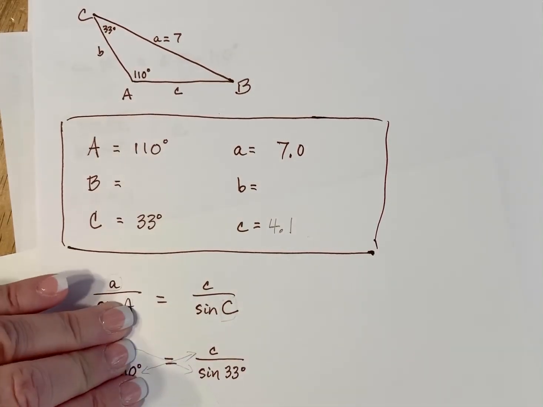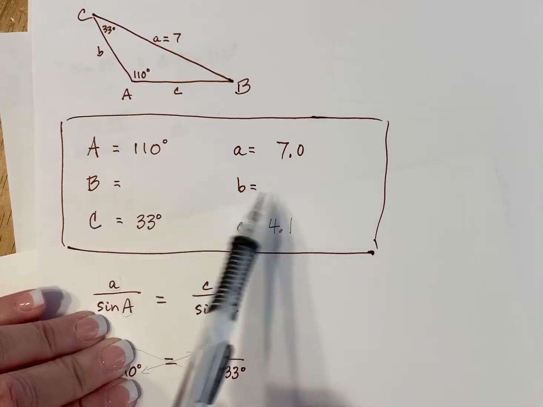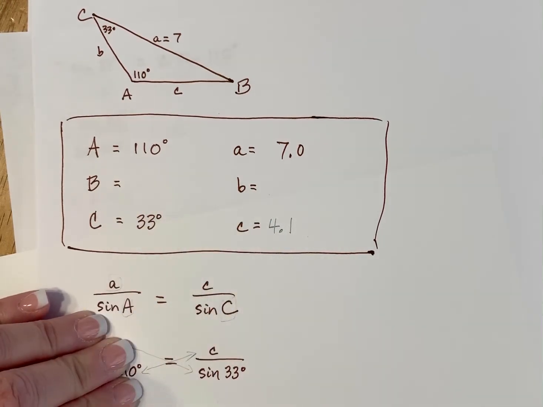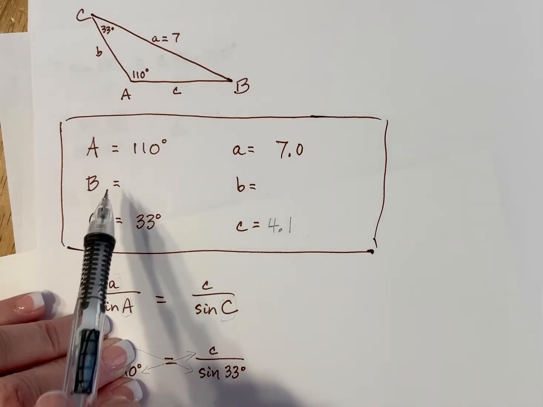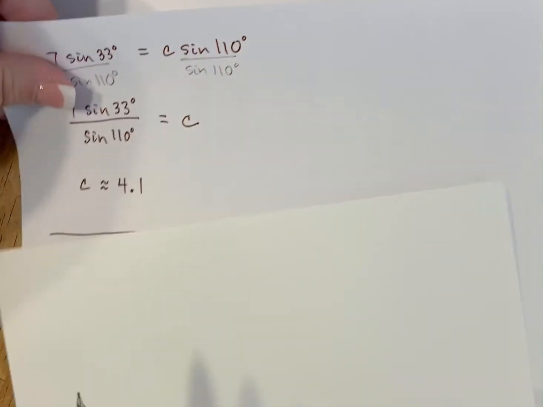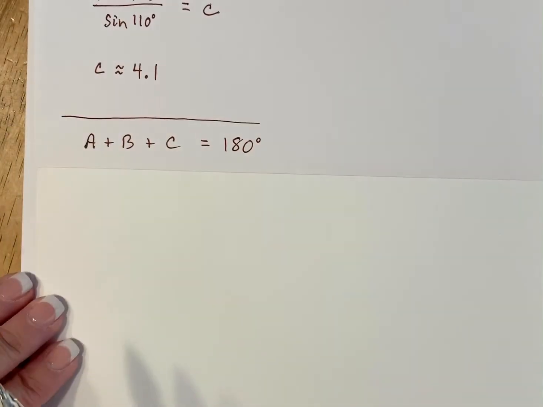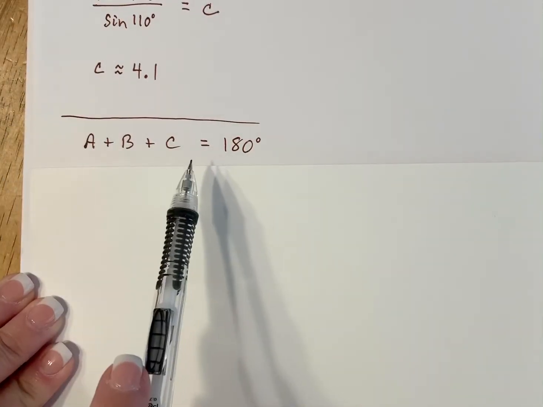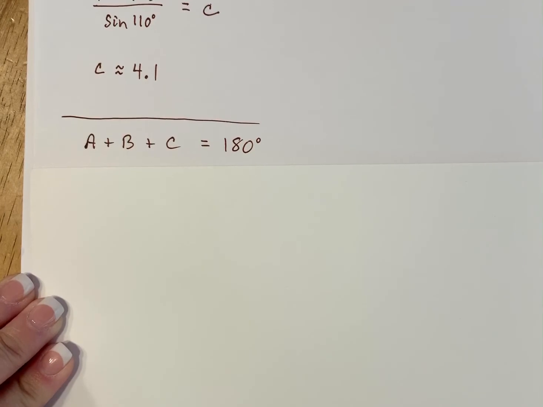All right, now I need B. Angle B will be the next easiest thing to get because for any triangle, when you add up the 3 angle measurements, the sum is always 180 degrees.